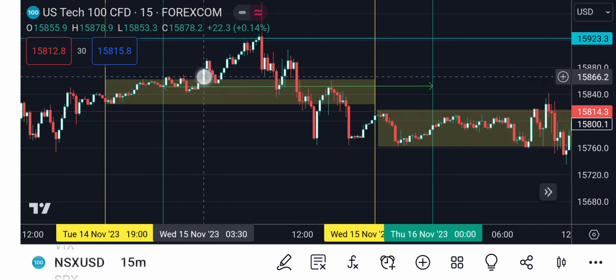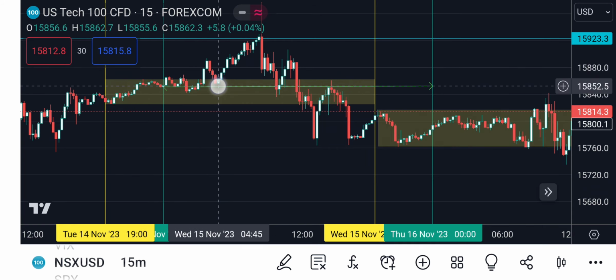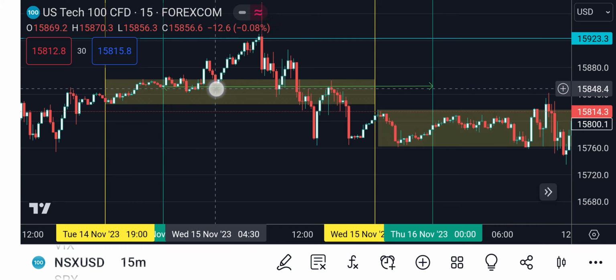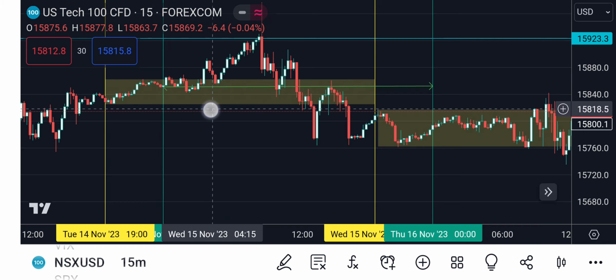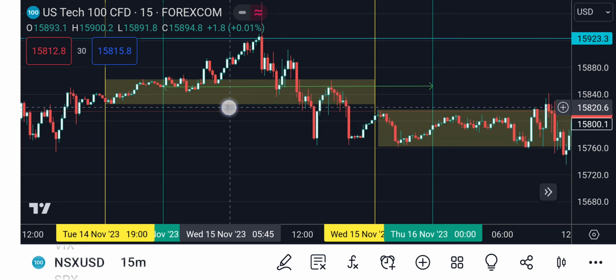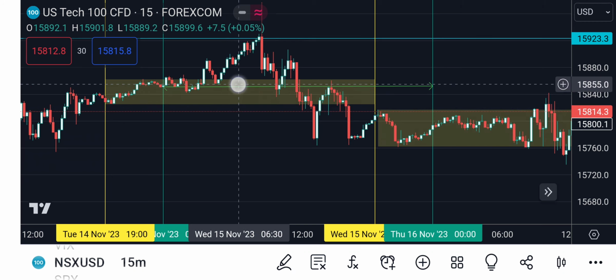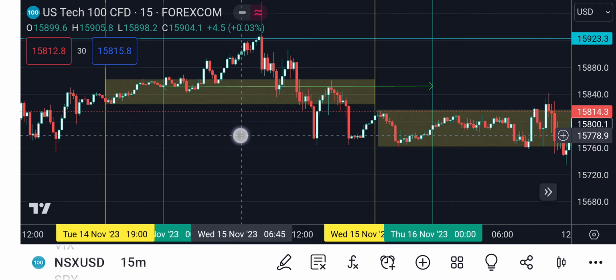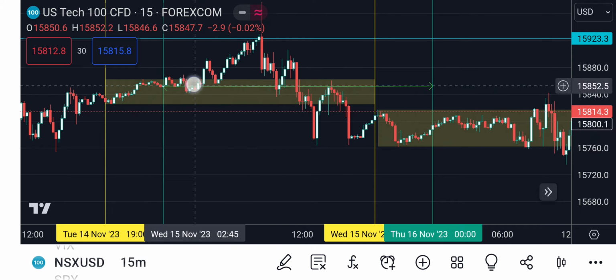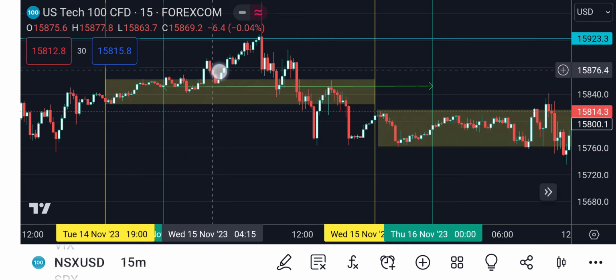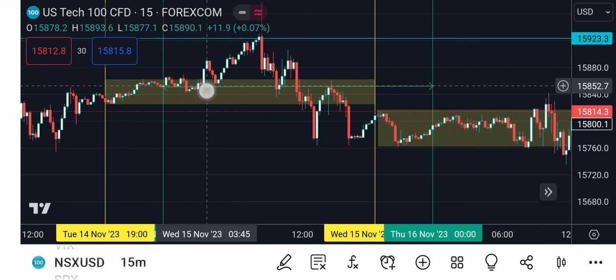The only time you want to buy inside the range is when it's in the opening. But in most cases, I prefer buying below the range. You can go in with a smaller lot size here, wait for it to get down here, and then go with a proper lot size. But in this case, it didn't get to that point.